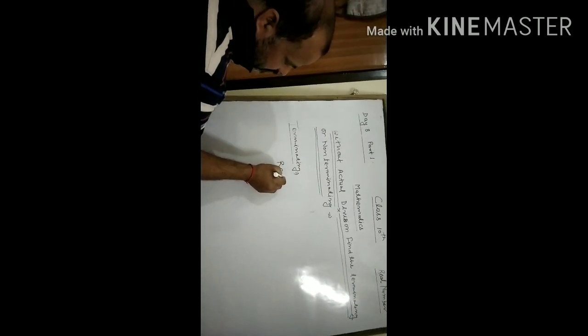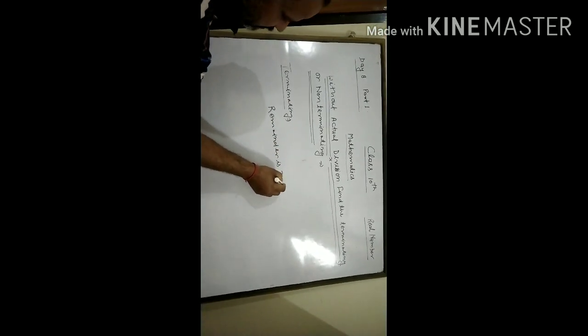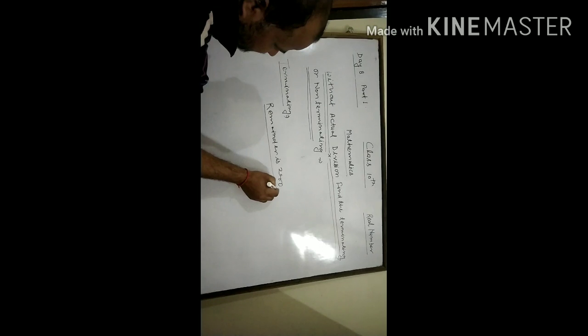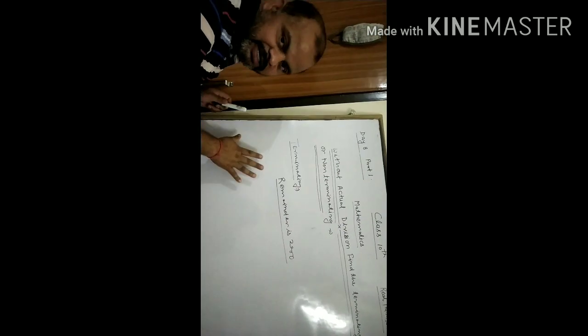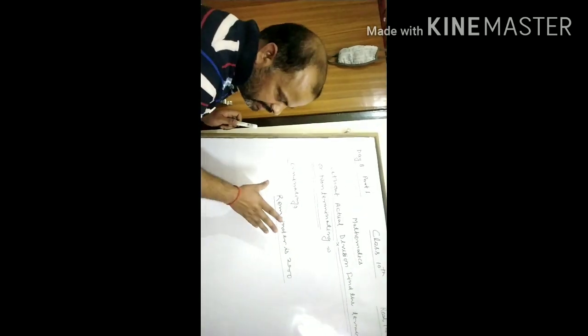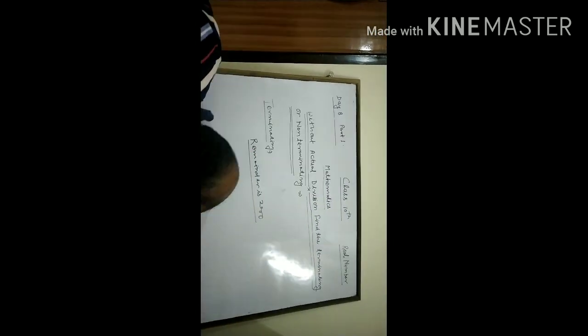Terminating. In the actual division system, if the remainder is 0, it is called terminating. If the dividend is completely divided by the divisor, in this case the remainder will be 0, that is called terminating in the actual division method.